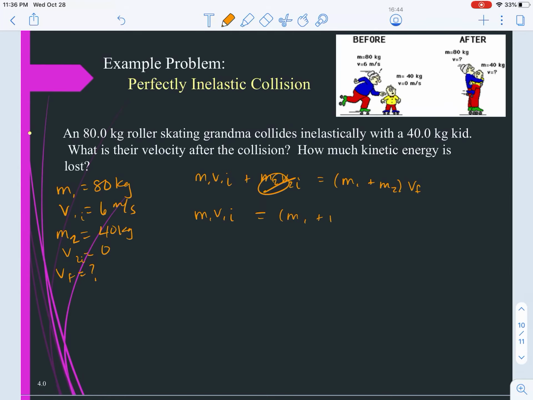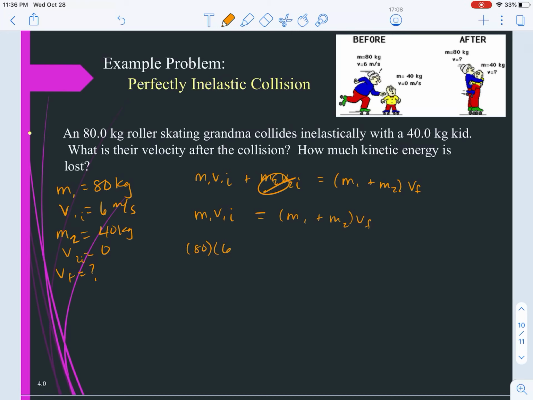So I just have M1 V1 initial equals M1 plus M2 times VF. So now we're solving for our final velocity. Sorry, that was supposed to be a VF, not a V1. So we're solving for our final velocity here.